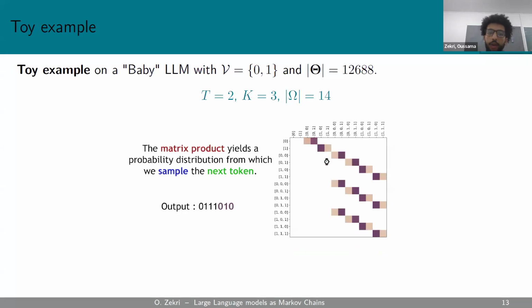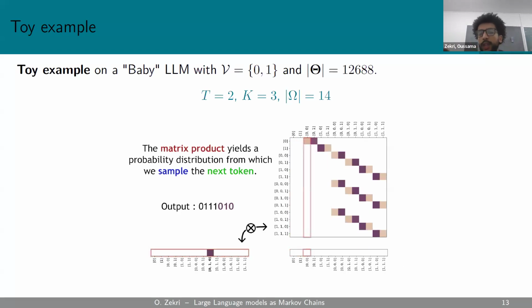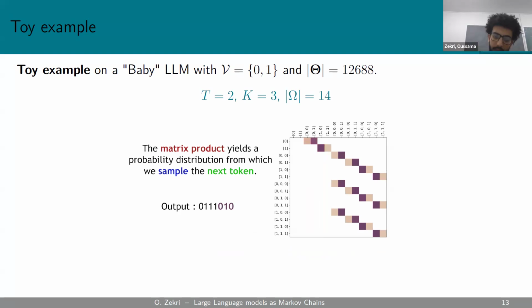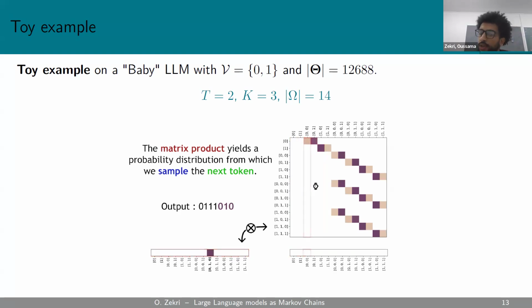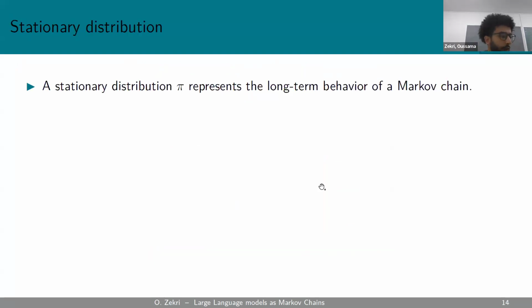Okay, so we will keep this toy example to derive our first theoretical results on LLMs, which are about the stationary distribution. If you are not really familiar with it, this is something related to Markov chain theory. Basically, a stationary distribution represents the long-term behavior of a Markov chain.